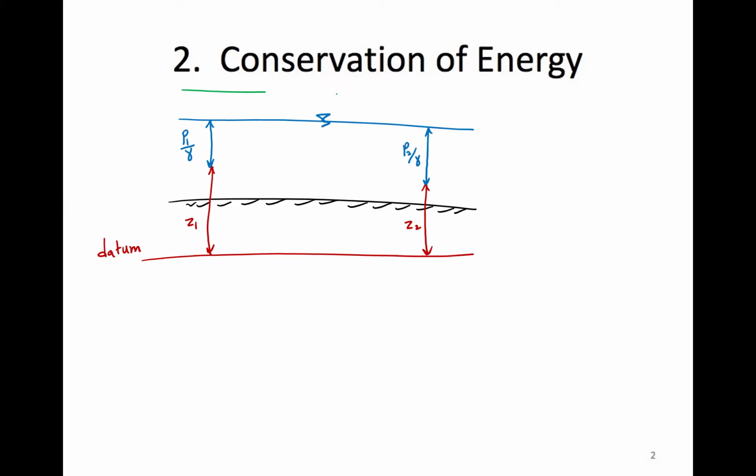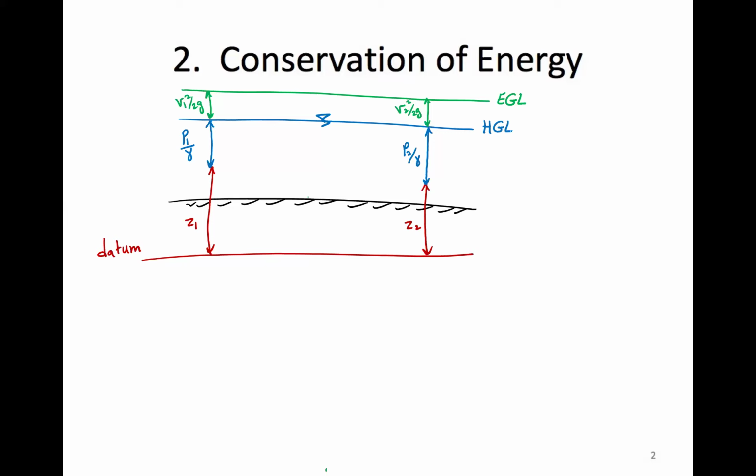It will be this much velocity head at section 1, V1 squared over 2g, and this much velocity head at section 2, V2 squared over 2g. And again, just a reminder, this line at the top is called the energy grade line, EGL. And the sum of the pressure and elevation head is called the hydraulic grade line. And if the pressure is hydrostatic, it coincides with the free surface. That is what I'm showing here.